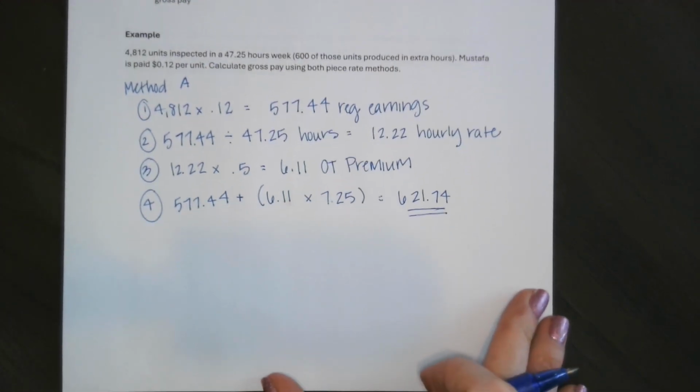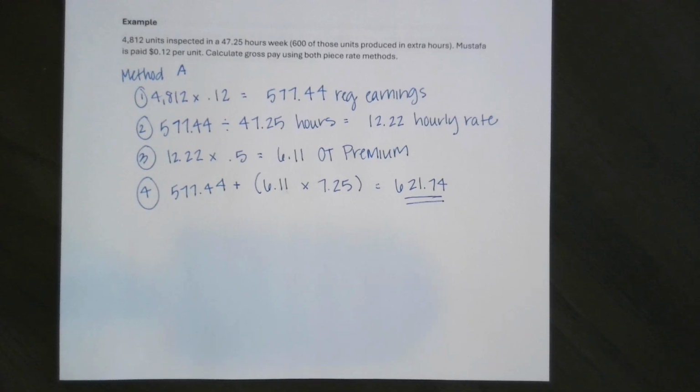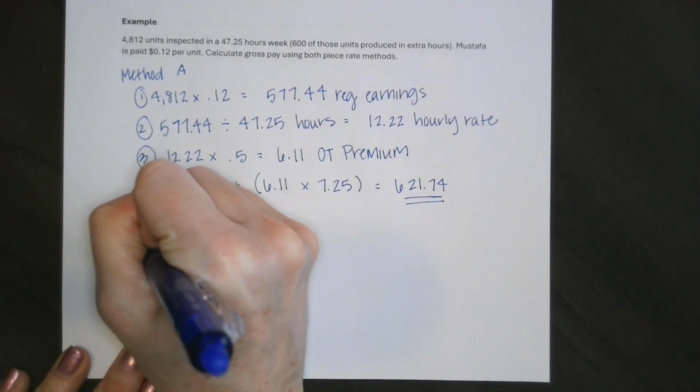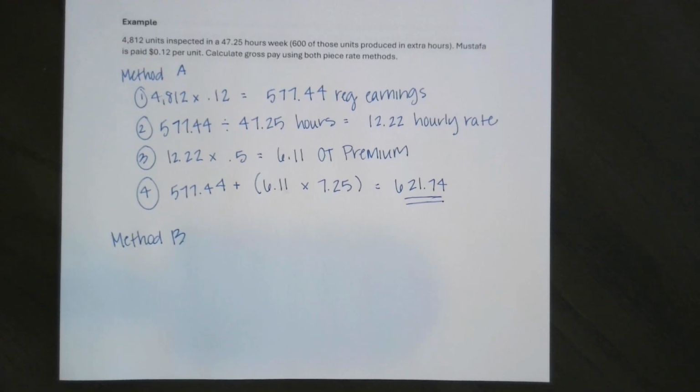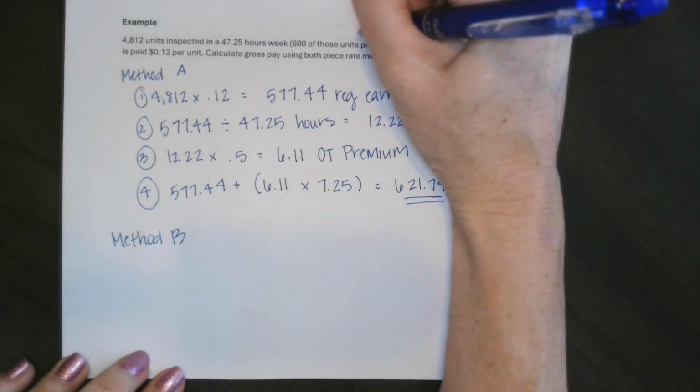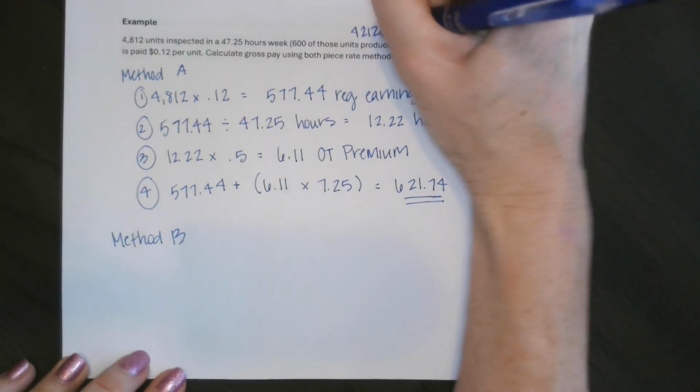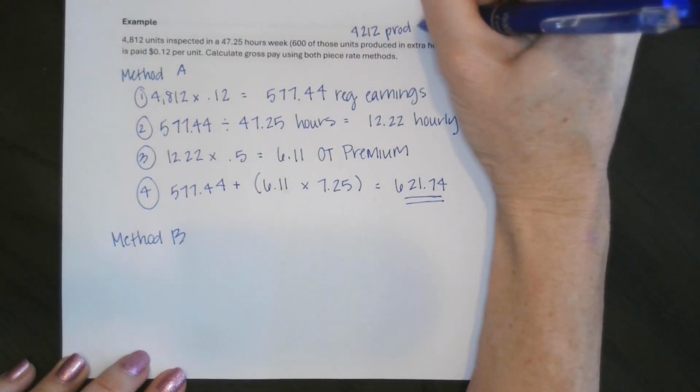Scoot that up. Below that, I'm going to do method B. We know that 600 of the units were produced in extra hours, which means 4,212 produced in regular hours.